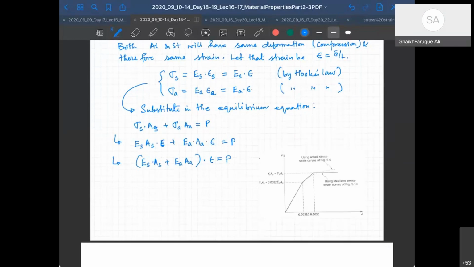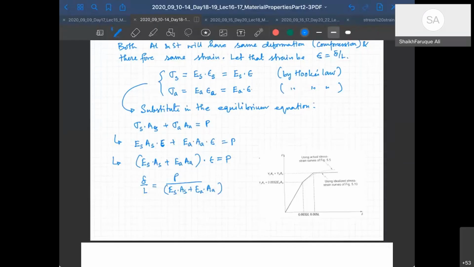Delta by L, right? So we can write that delta by L is equal to P by Es As plus Ea Aa. Okay, so that's the relationship between P and delta.